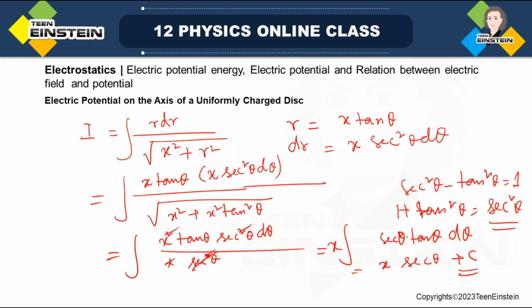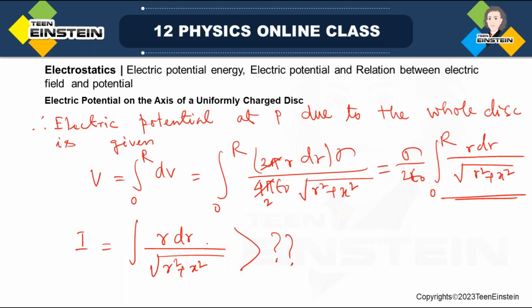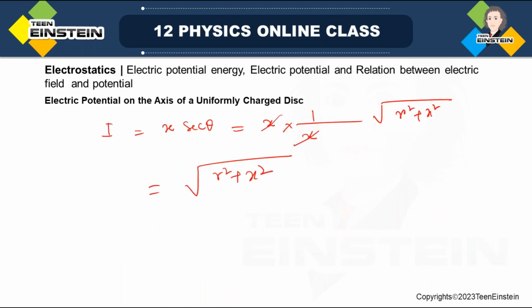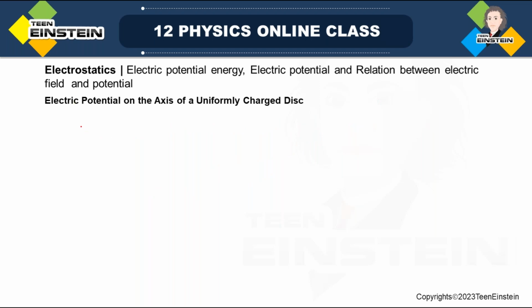We had just taken this as I. So finally, V of r: this was actually the integration of r dr by this square root, and here it was sigma by 2 epsilon 0.